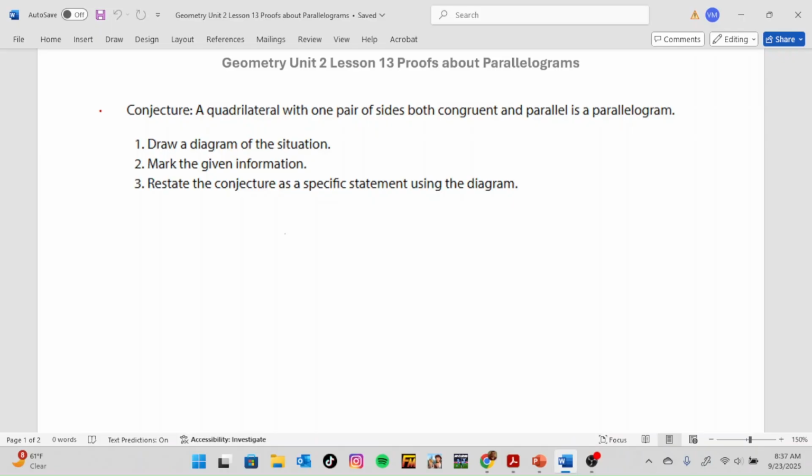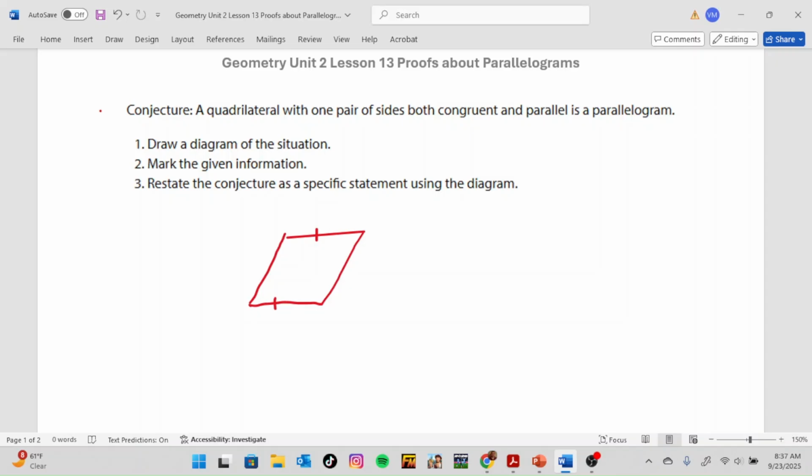So I'm going to draw a parallelogram. And then I'm going to mark the information that gave us, which is we have a pair of sides that are congruent. So I'm going to mark the top and the bottom with a single tick mark.